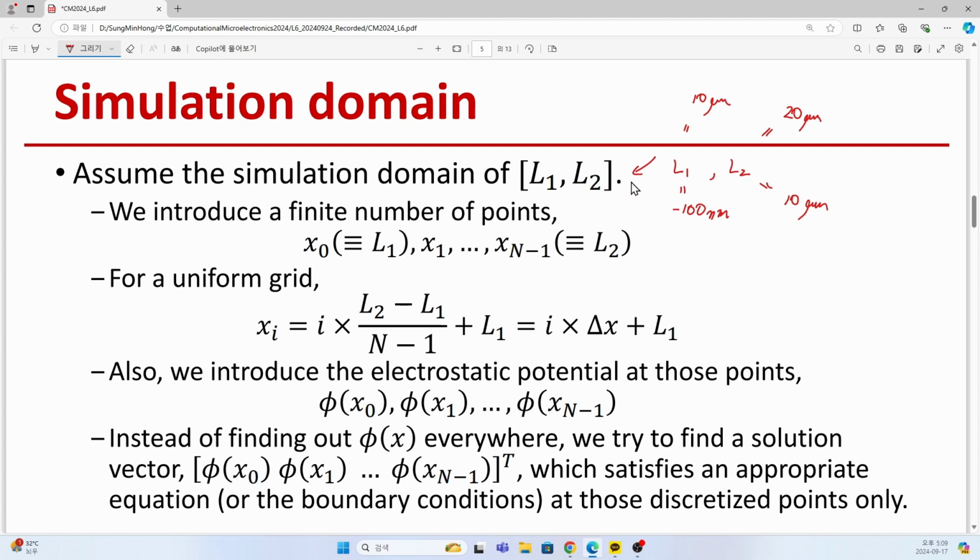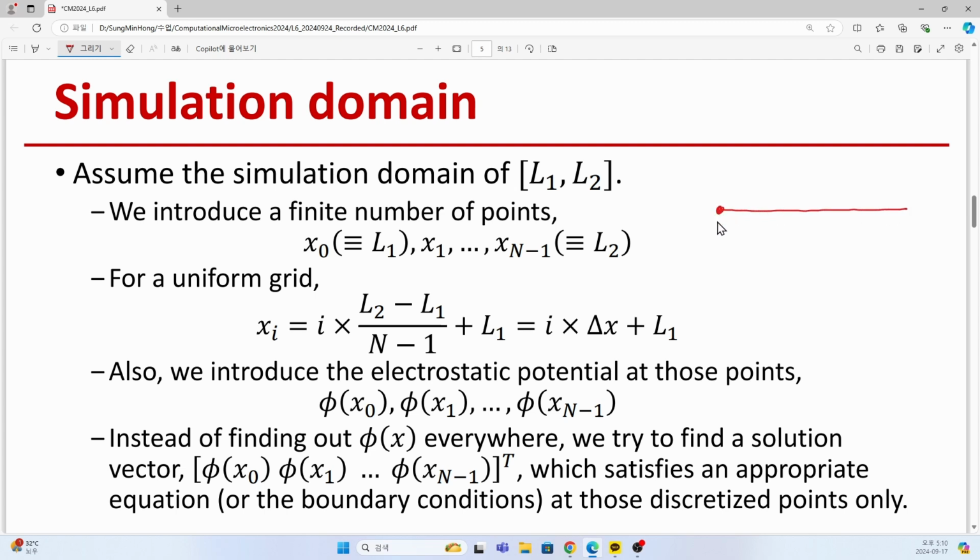So we can consider just a general pair of L1 and L2. Of course, L2 should be larger than L1. Then we can introduce a finite number of points to describe this one-dimensional domain.